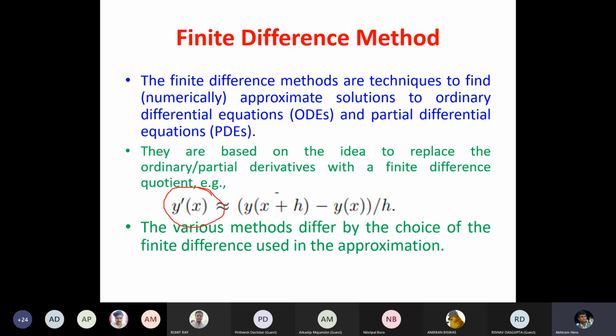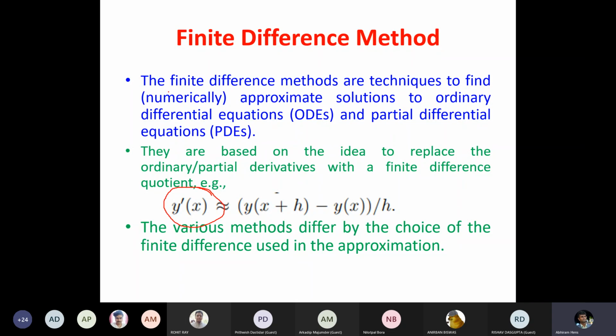So h is equal to a delta x value, a very small increment: y(x plus h) minus y(x) by delta h. This is an assumption, and it is called the finite difference quotient.